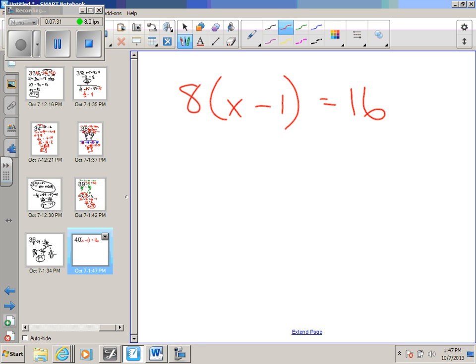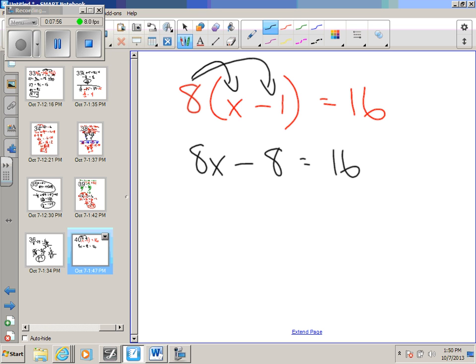Give it a shot. Here we go. Distributive property. 8 times x, 8x. Yes? 8 times what is that? Is a negative equals 16. Okay, hold on.